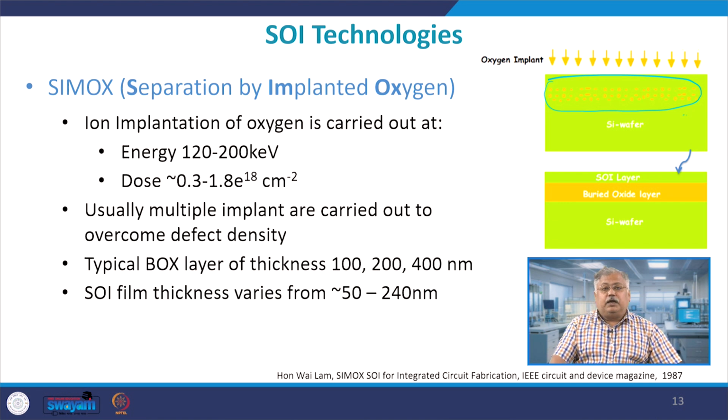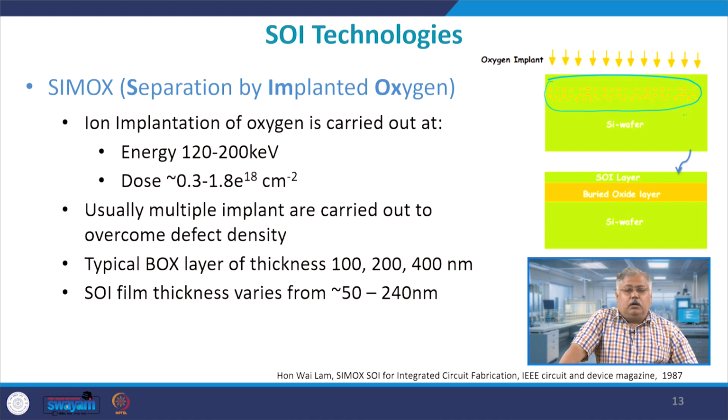You use an ion implantation machine from an external source and put high energetic ions inside the silicon, with a range typically at the place where you want the buried oxide to grow. There you use an ion implantation energy of approximately 120 to 200 kilo electron volt, and a dose of approximately 0.3 to 1.8 times 10 to the power 18 per centimeter square.